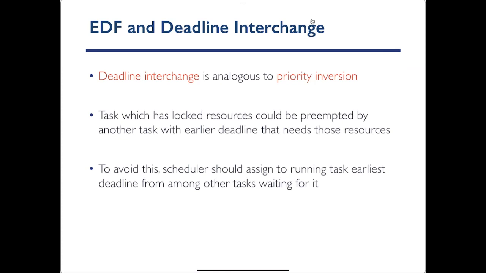Basically, it inherits the earlier deadline, and that would boost the priority of the task that just blocked the other task. And now we are able to run this task to completion and allow the other task that got blocked to run after that. So this idea of priority exchange or inheritance can be applied with deadlines. Tasks or jobs can inherit each other's deadlines if they can block each other.